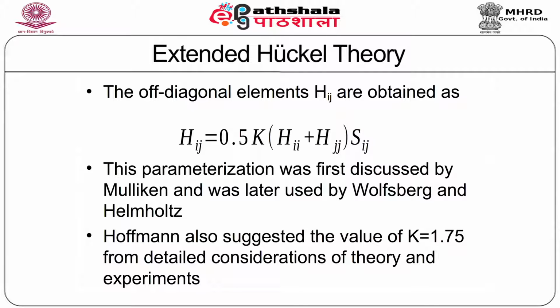This parameterization was first discussed by Mulliken and was later used by Wolfsberg and Helmholtz. Hoffmann suggested the value of K equals 1.75 from detailed considerations of theory and experiments.